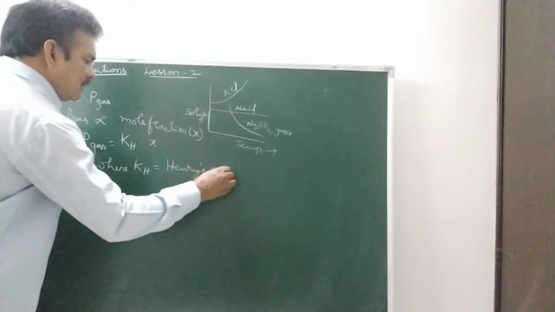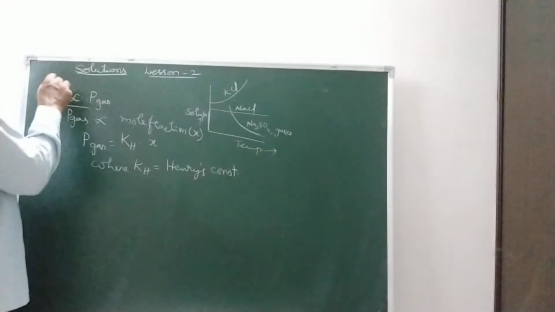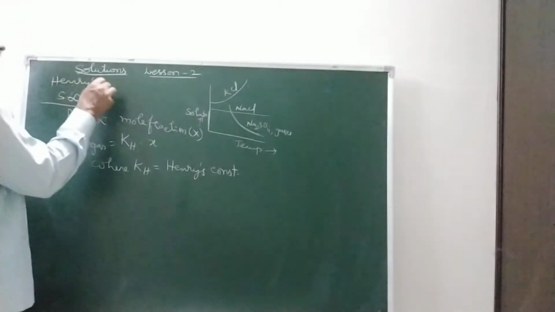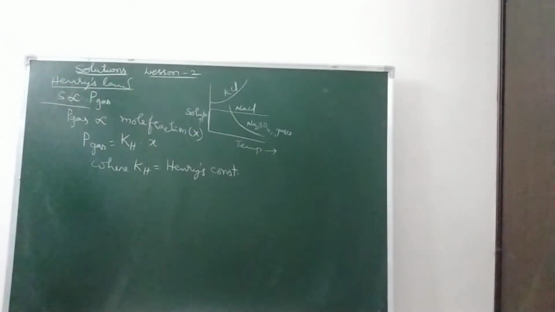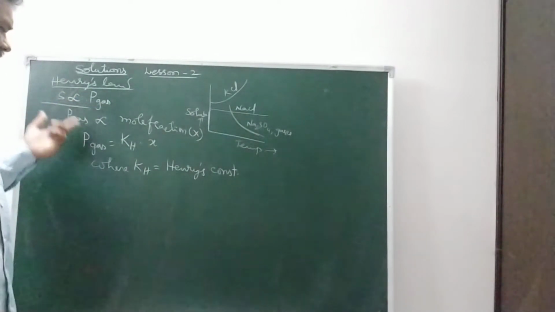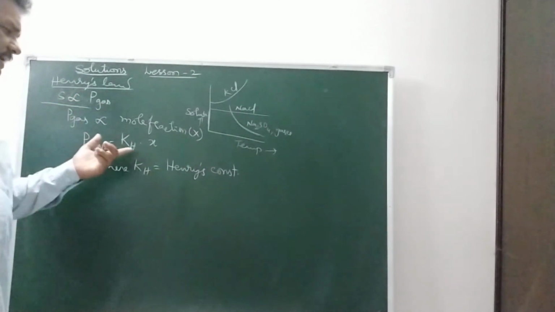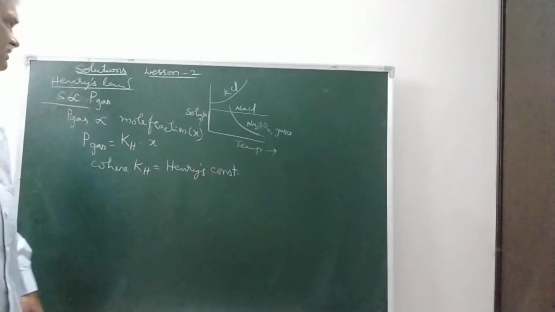This is called Henry's law. The solubility of a gas is directly proportional to partial pressure of the gas. Or partial pressure of gas is equal to KH into X, where KH is Henry's constant.